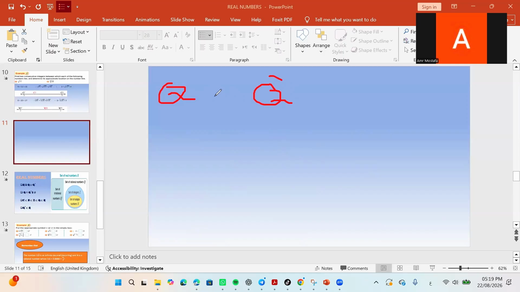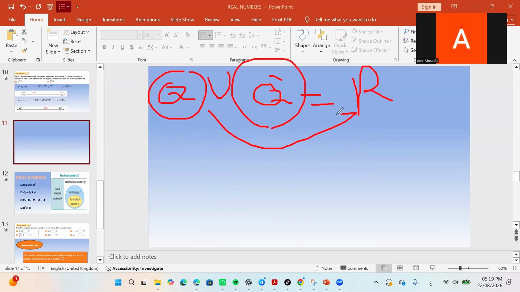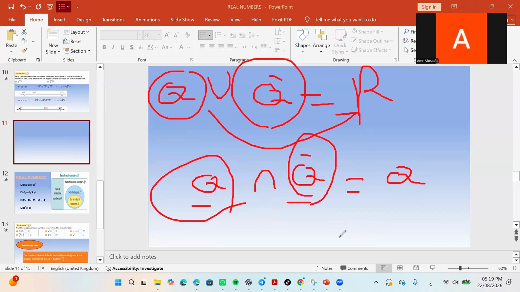So Q union Q dash equals a new set which is named R. When you union Q and Q dash, it will be equal to R. But Q intersect Q dash equals phi because there are no common numbers between Q and Q dash. This is a set and this is another set. No relation between them. Okay?